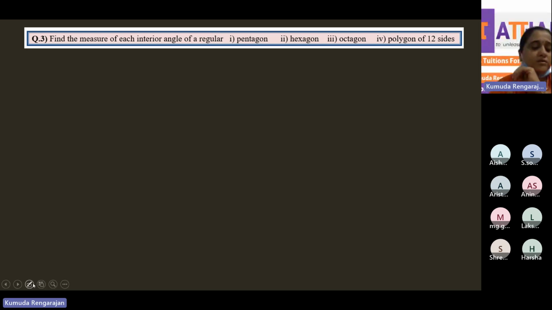Do this for an octagon, the third one. Find the measure of each interior angle of a regular octagon. Got the answer, ma'am.